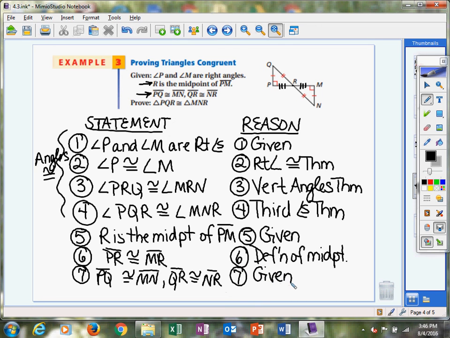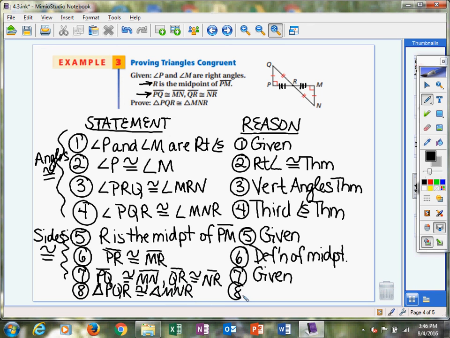So what you did in this part of the problem was you proved the sides are all congruent. Once you prove that the angles are congruent and then prove that the sides are congruent, you can now say triangle PQR is congruent to triangle MNR.